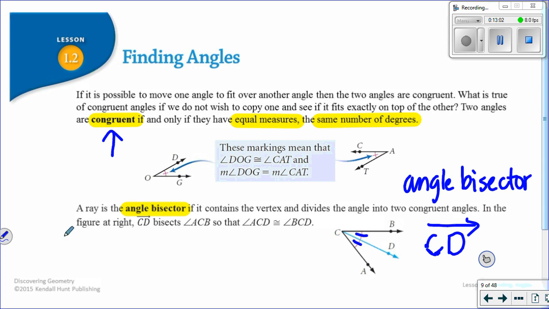Okay, so ray CD is an angle bisector of angle BCA or ACB. Okay, so you can see that whole thing right here. Ray CD bisects angle ACB so that angle ACD, or this angle, is congruent to angle BCD, or this angle.